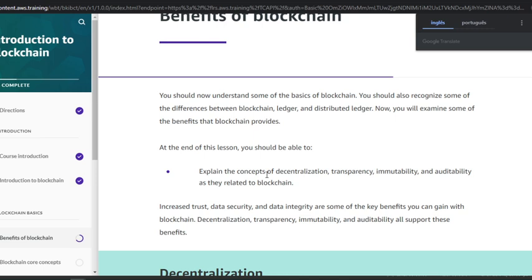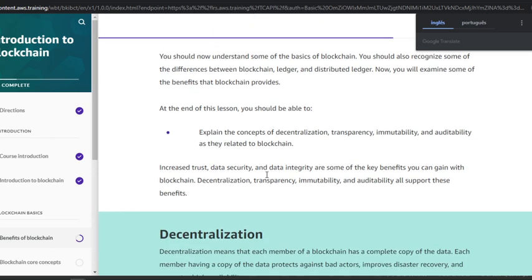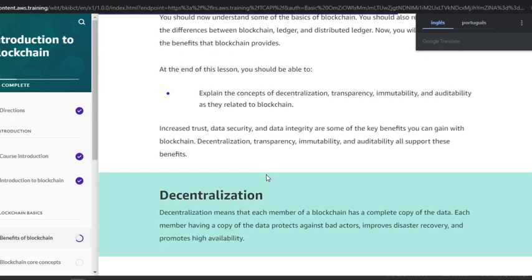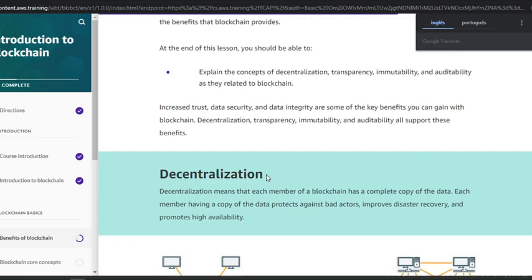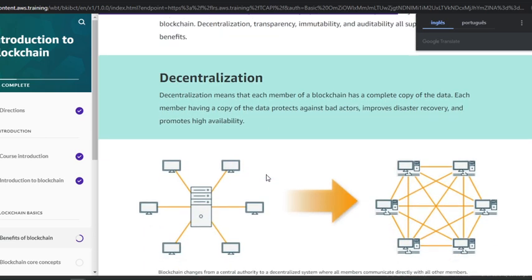At the end of this lesson, you should be able to explain the concepts of decentralization, transparency, immutability, and auditability as they relate to blockchain. Increased trust, data security, and data integrity are some of the key benefits you can gain with blockchain. Decentralization, transparency, immutability, and auditability all support these benefits.